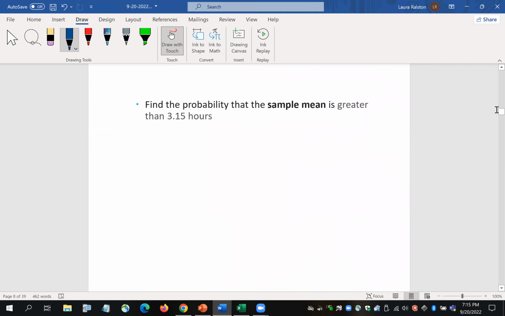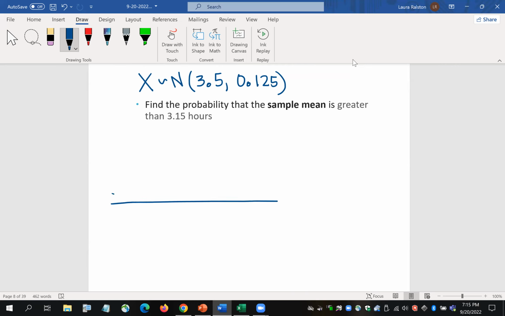Okay, so find the probability that the sample mean is greater than 3.15 hours. So again, we still know, applying the central limit theorem, that my variable is normally distributed with a mean of 3.5 and a standard deviation of 0.125. So I have a normal distribution. Mean is in the middle, which is 3.5.